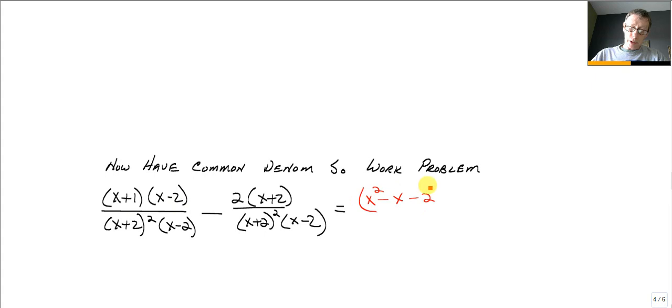That's the first fraction multiplied together, and then I'm going to be subtracting everything in the numerator here, so that would be minus 2x, then a minus 2 times 2, all over my common denominator.